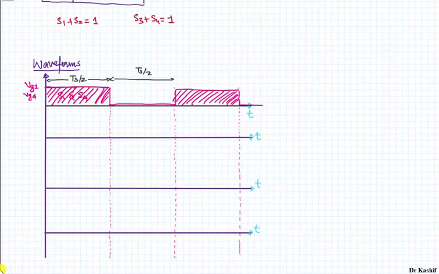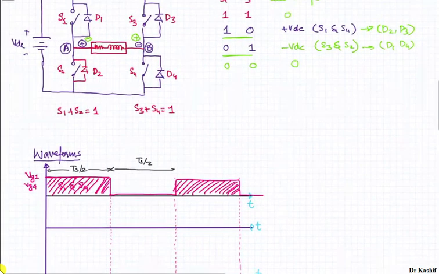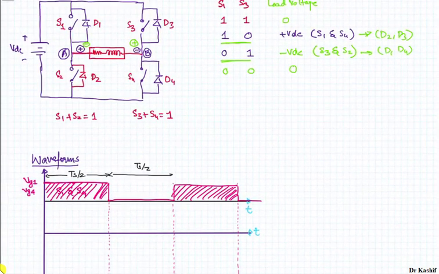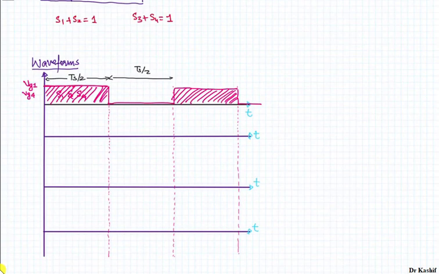Okay, so when S1 and S4 are in the on state, at that instant of time your S3 and S2 must be in the off state. So if I sketch the gate voltage of those two switches, the gate voltage will be 0 for switch 3 and switch 2.